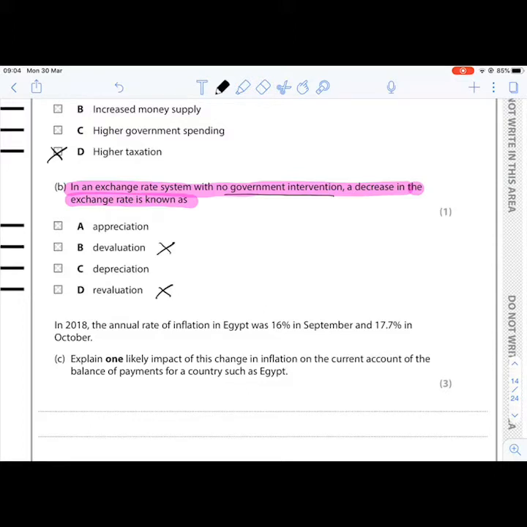So it's either got to be appreciation or depreciation. Because the question says in an exchange rate system with no government intervention, a decrease in the exchange rate is known as a depreciation. An increase in the exchange rate would be known as appreciation, but the answer is C.